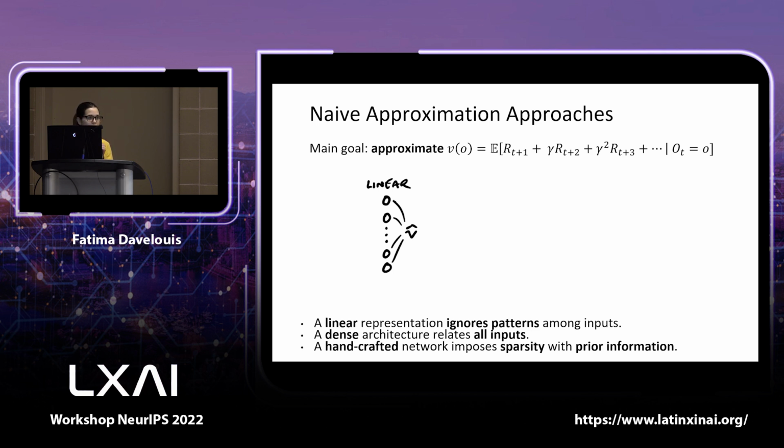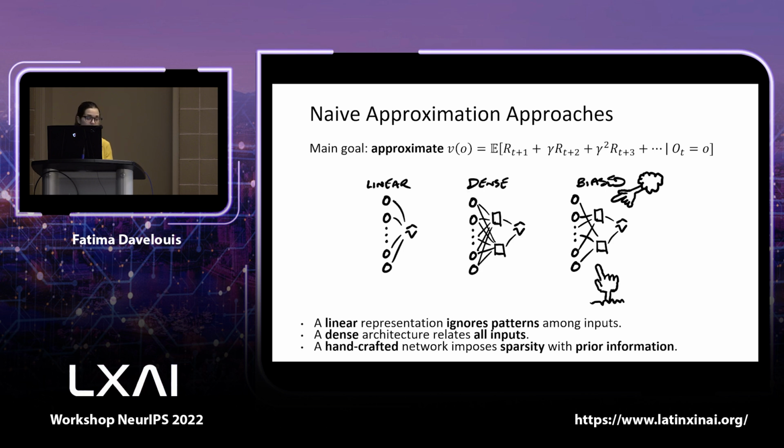So there are some naive approaches we can use to approximate the return. The simplest one is just to use a linear architecture which ignores all patterns among inputs. Another approach is to use a biased architecture that imposes some prior information to relate inputs together and exclude other inputs. However, as I mentioned, this relies on prior information and therefore relies on an inductive bias.